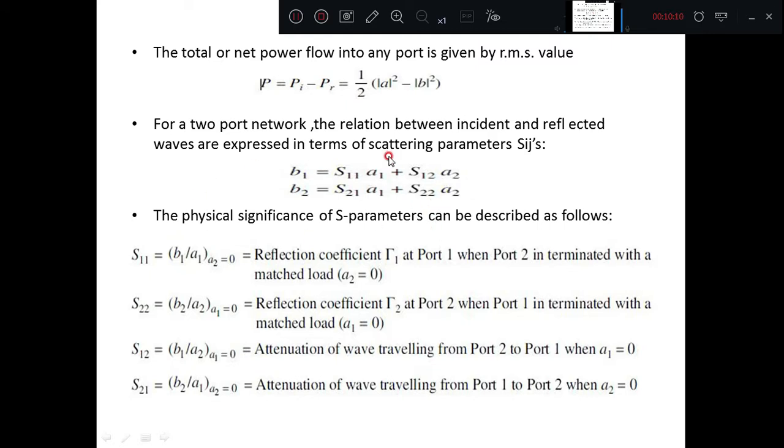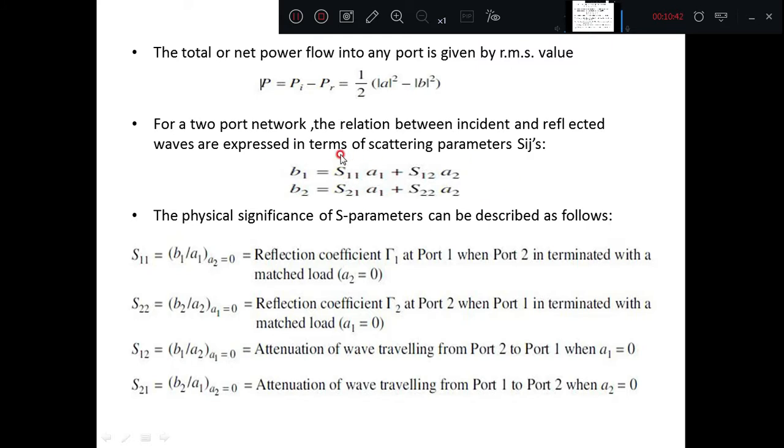And the physical significance of the S parameters: what is the reflection coefficient at port 1 and port 2? What is the attenuation of the signal when it is traveling from port 2 to port 1 or port 1 to port 2? We will get this significance by considering these two equations, right?